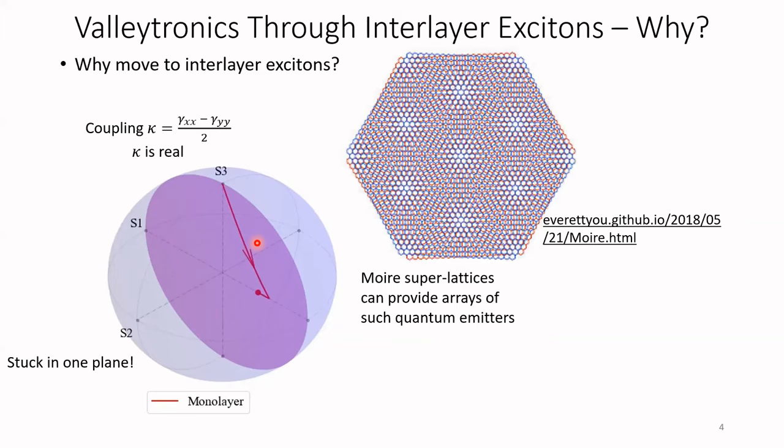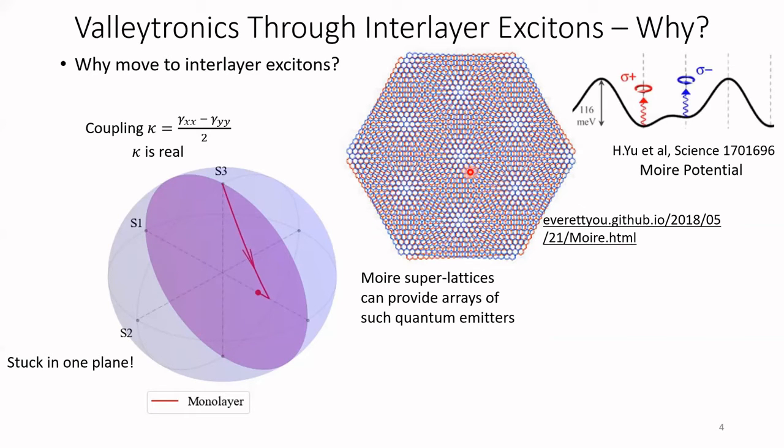But it turns out in heterostructures, or using interlayer excitons, there are these things called Moiré lattices. Basically, a Moiré lattice is when the layer on top or bottom has a small relative twist angle, or is rotated slightly with respect to the bottom layer, as you can see in the figure here.